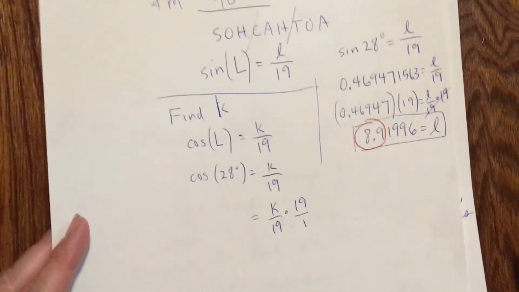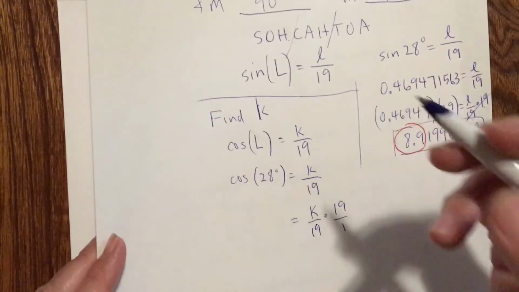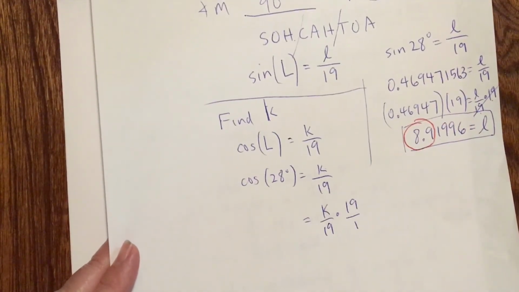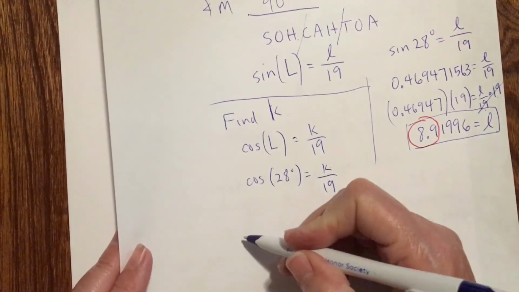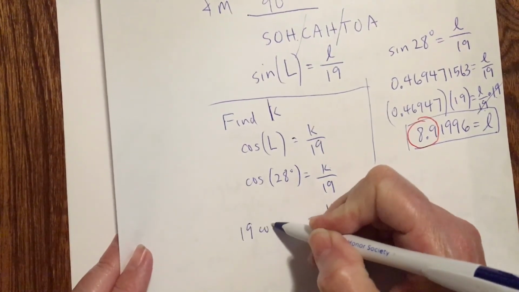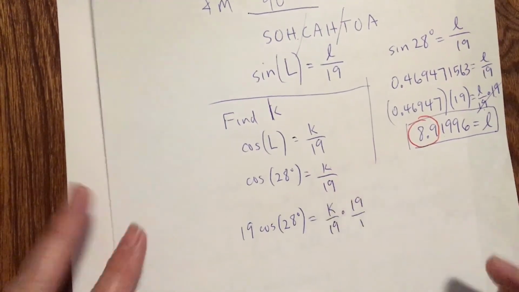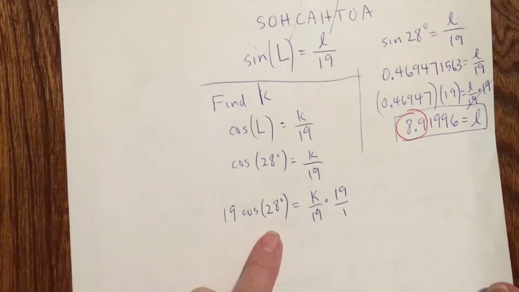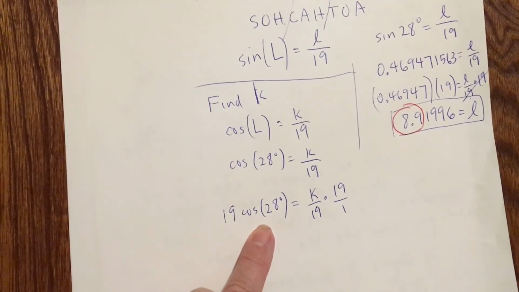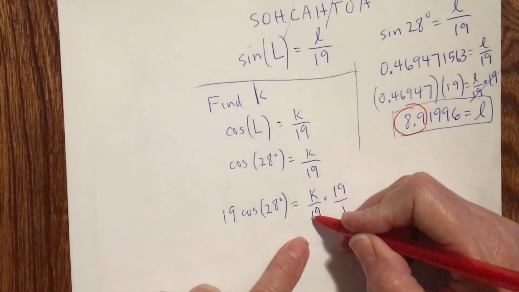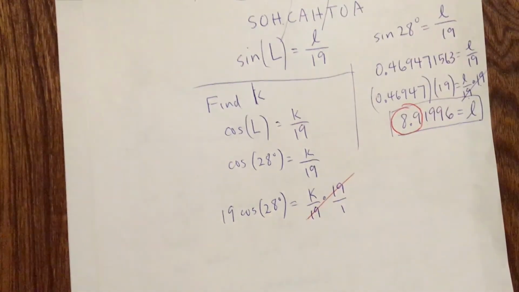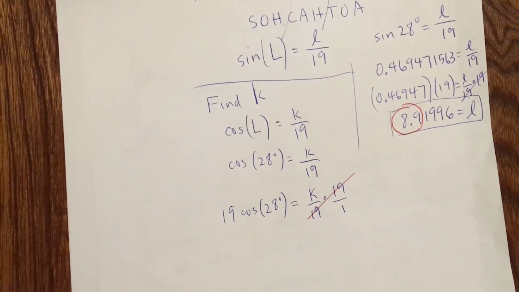If you like, you could write it 19 over 1. But whatever you do on one side of the equation, you have to do on the other. So I'm going to have to multiply cosine of 28 degrees also by 19. On the right side, the 19s cancel. You get just K.